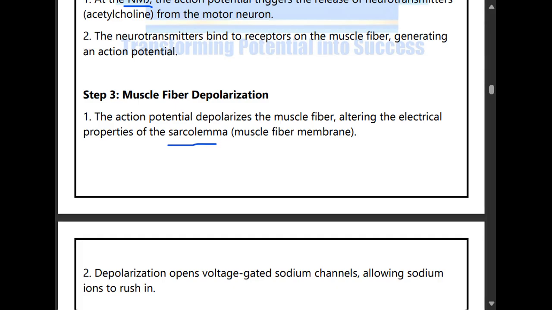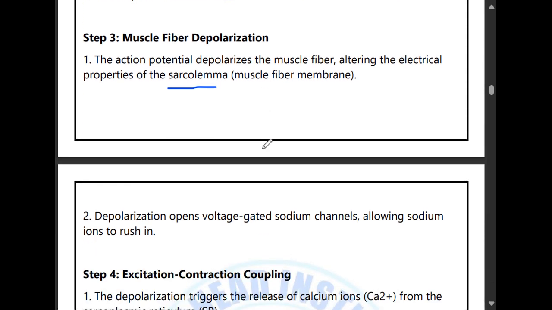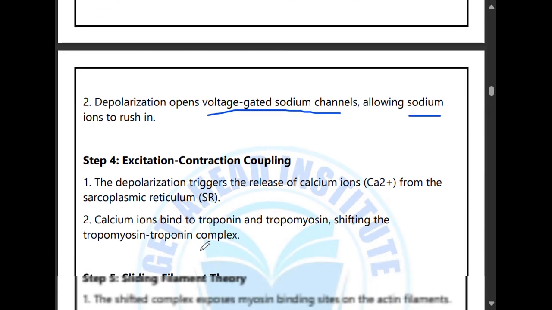The depolarization that has occurred will open the voltage gated sodium channels, and this will allow sodium ions to rush into the cell. When the sodium ions have entered, that leads us to what we call excitation contraction coupling.